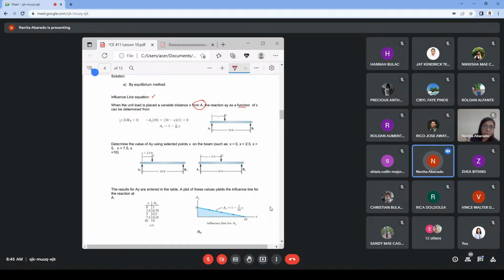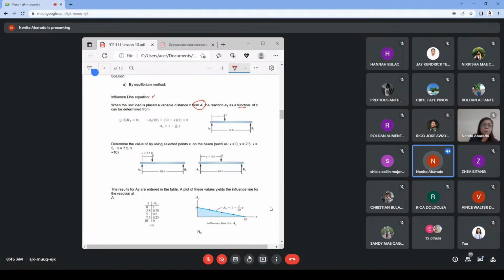Ang influence line ay concerning a specified point, whereas ang shear and moment diagram concerns all points. So at a specified point A, let's say this is a beam. Aagi lang dire ang ating loading, like a vehicle passing through.